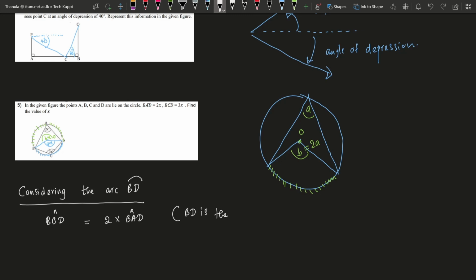BD is the same arc, O is the center, A is a point on the circle, right? Okay, which means 2 times 2x, which means 4x, right?